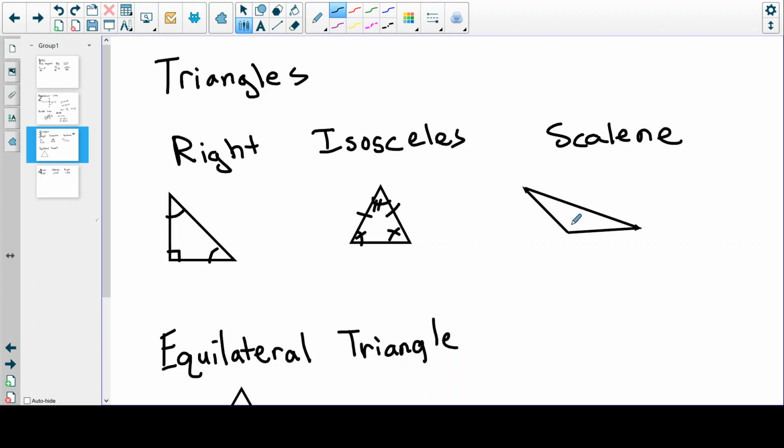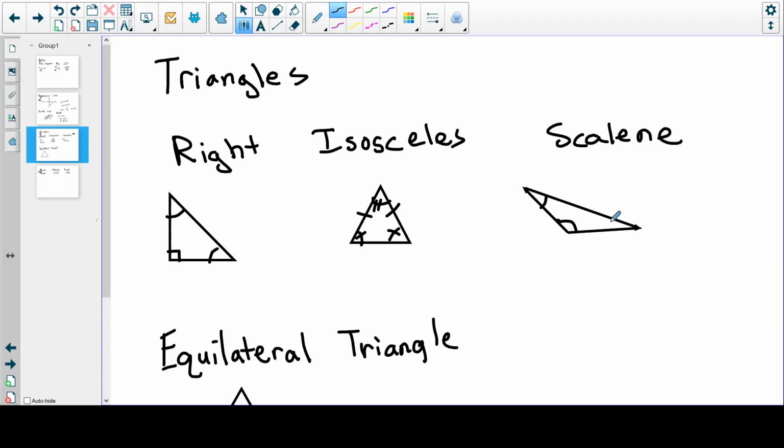Now, scalene, which is our last one, is basically defined as having almost no related properties or no unique properties. A scalene has all of its legs being different lengths, and all of its angles being different. Normally, you'll see scalene triangles having a wide obtuse angle, and that indicates that it has a wide angle there and is prone to having no properties.